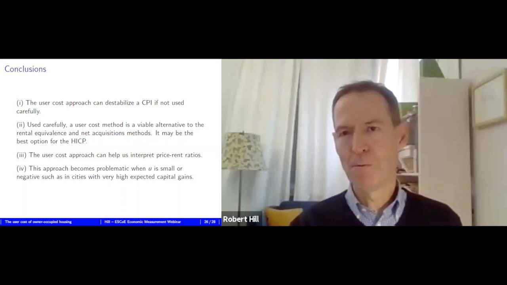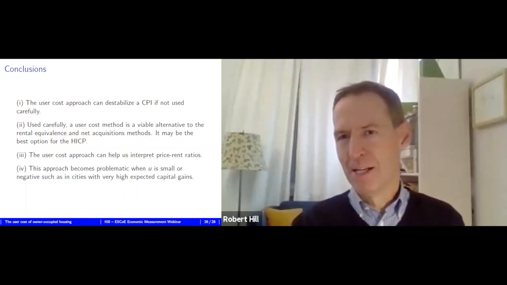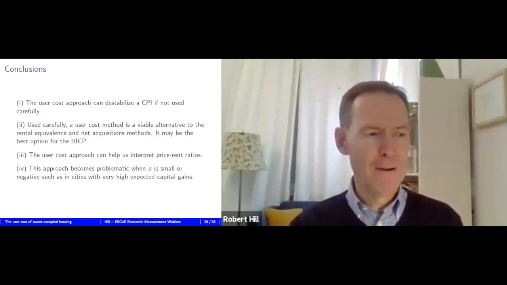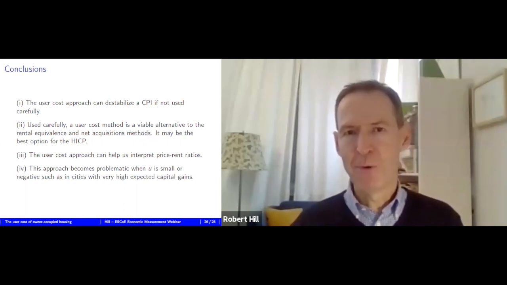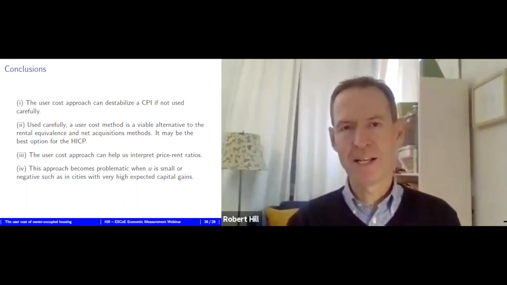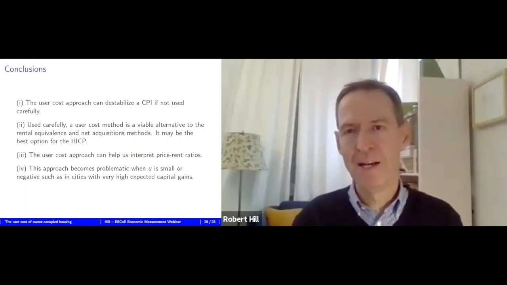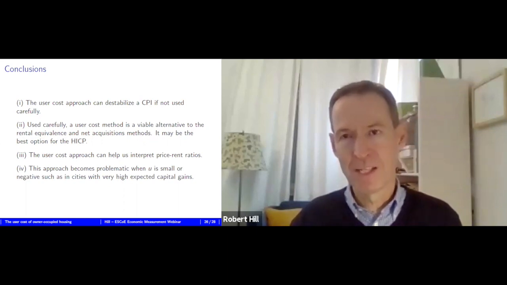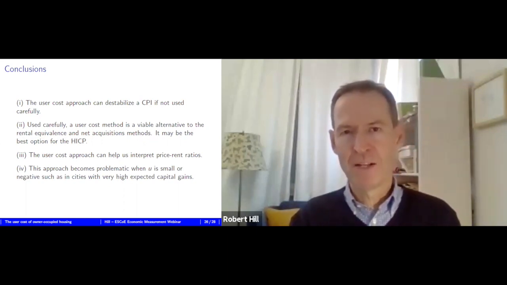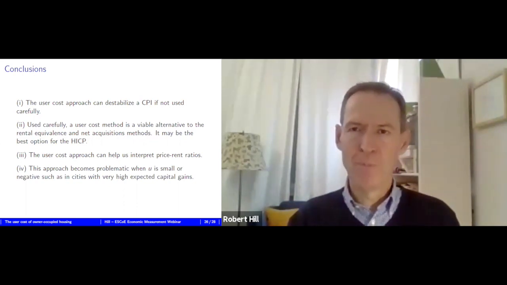So one alternative is just to exclude the capital gain term completely, saying that this is some kind of asset revaluation thing, and it's not then part of consumption, and so it shouldn't be in the CPI context. It needs to be in there when you're doing this equilibrium condition, but you could argue that maybe it doesn't need to be in there at all when you're doing the user cost approach for including inflation in the CPI.